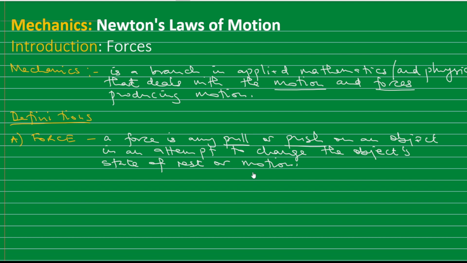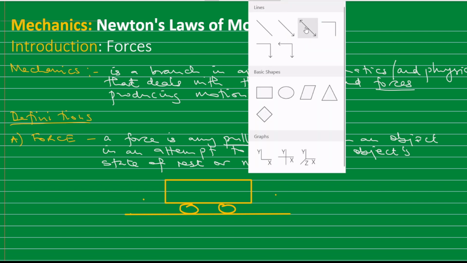Or it may be moving, but then we push it further or we pull it back. So that pulling or that pushing constitutes a force. A force basically is any push or pull on an object. We can have an object here, and on this object we are going to apply a force.